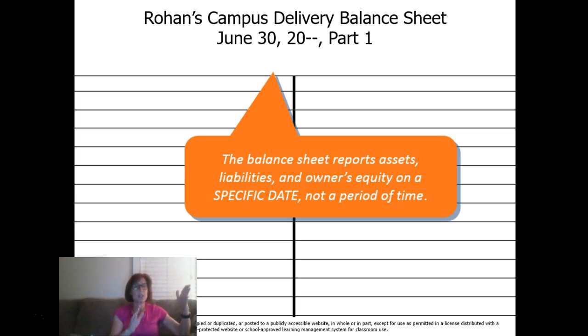The balance sheet runs cumulatively from the beginning of our business in time and shows where we're at as of this particular day as a result of all of the transactions that have occurred in our business.